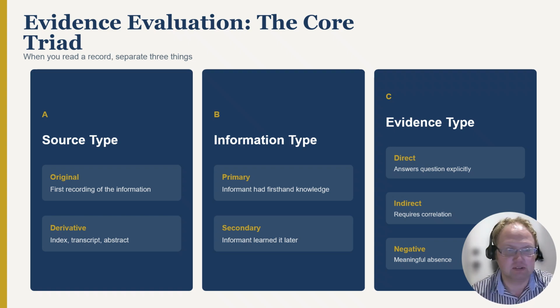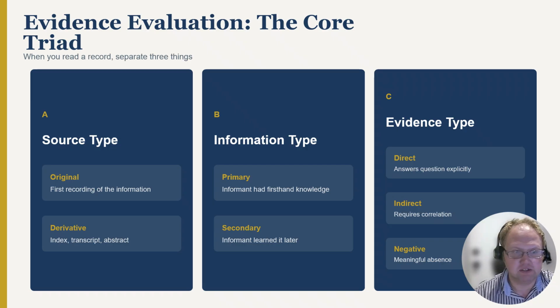Second is the information type: is the information primary or secondary? Primary information comes from an informant with first-hand knowledge, typically somebody who participated in or witnessed an event. Secondary information comes from somebody who learned about it later through another party, through related memory, family tradition, or hearsay, things they've heard from other people.